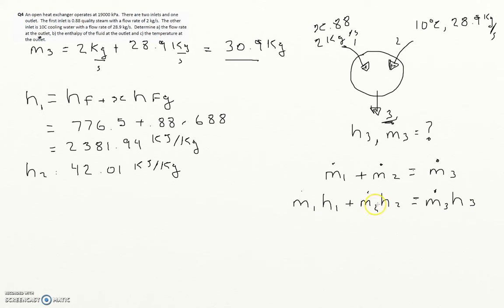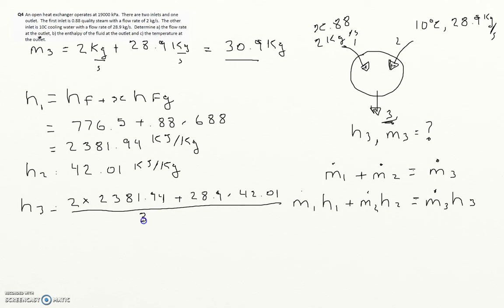H3 is going to be M1H1 plus M2H2, all divided by M3. So my H3 is equal to 2 times 2381.94 plus 28.9 times 42.01, all of that divided by 30.9, and it gives me an H3 value of 193.46 kilojoules per kilogram.